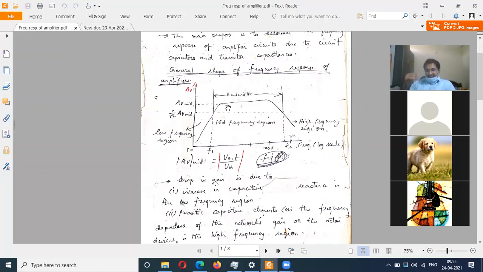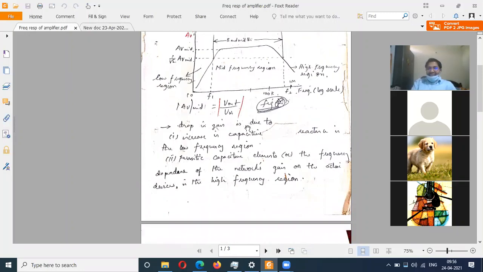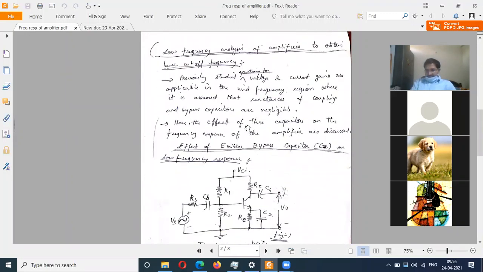Mid frequency is higher compared to low frequency, so for mid frequency as well as high frequencies, we can consider the capacitors to be short circuits.